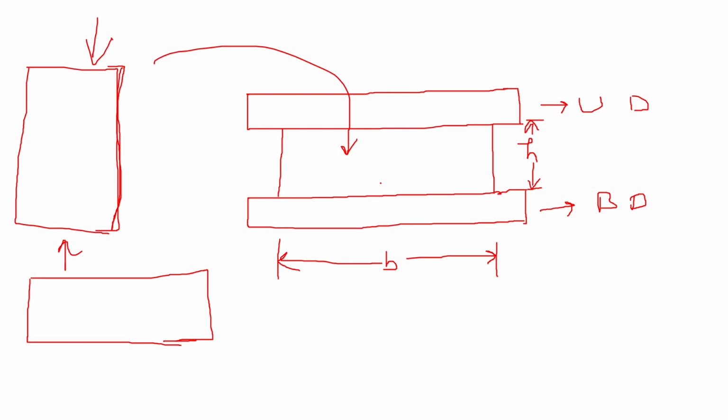You keep a metal workpiece, which may initially be a metal block, and it is compressed between these two flat dies, the upper die and the bottom die, and after the compression it is converted into this particular final shape.